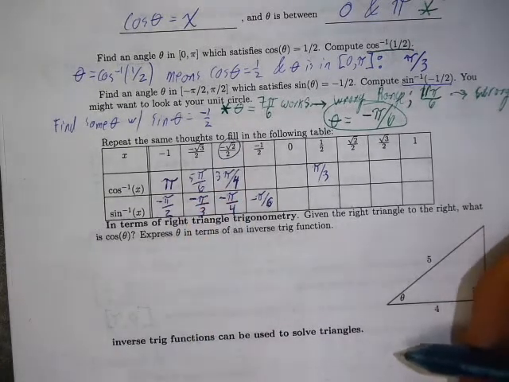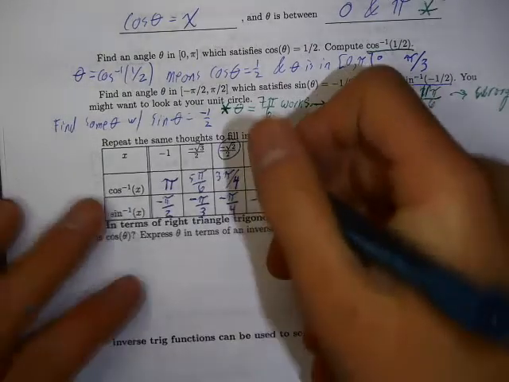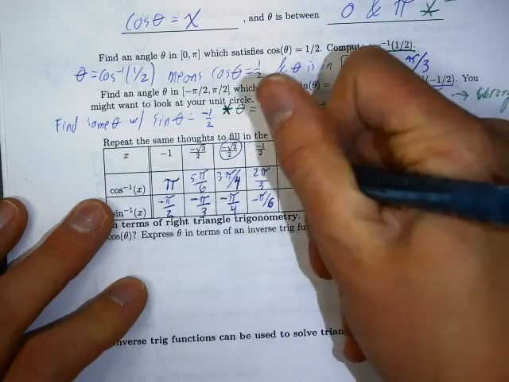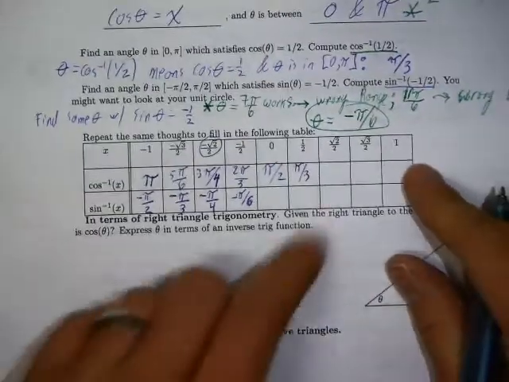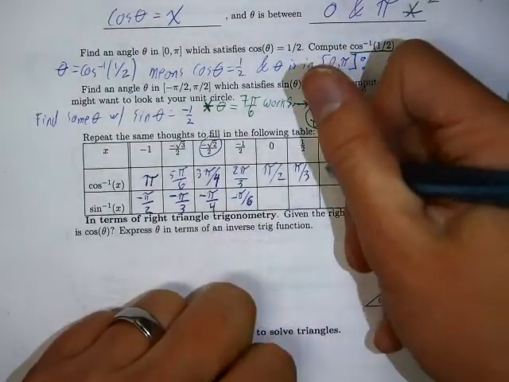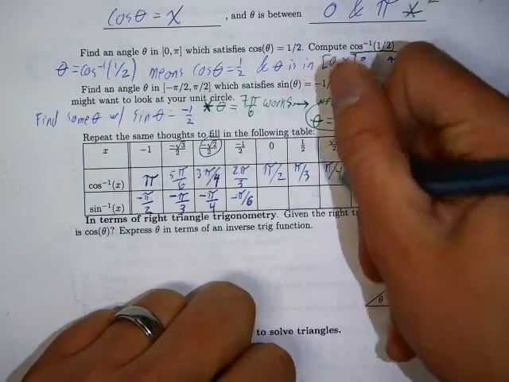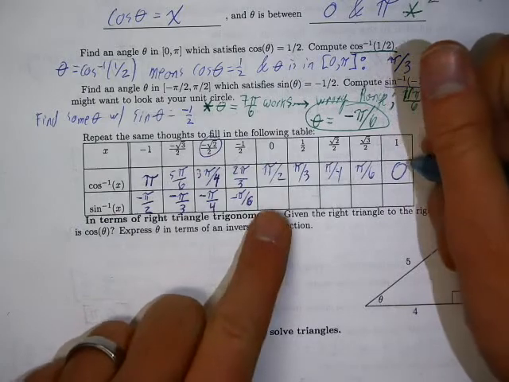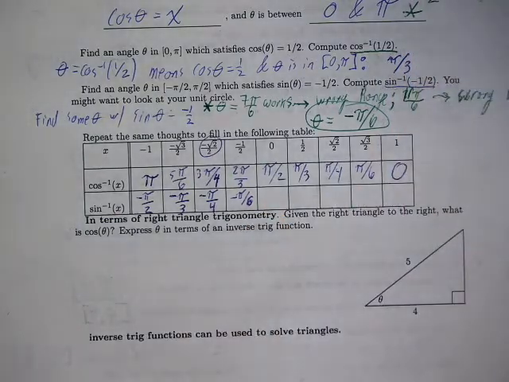After 3 pi over 4 is 2 pi over 3. Pi over 2 for 0. For root 2 over 2, pi over 4, pi over 6, 0. Inverse sine of 0 is 0.